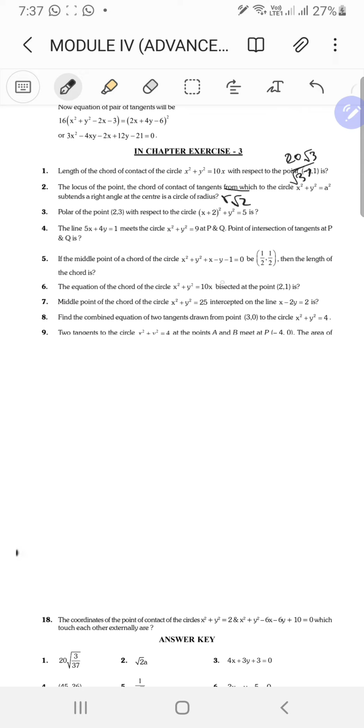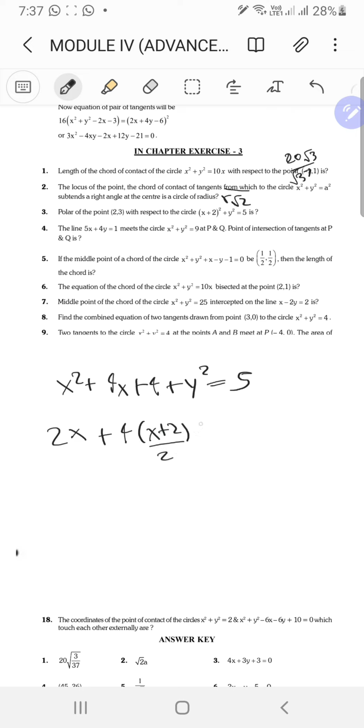Okay, so first of all let's just simplify this. So this is going to be x squared plus 4x plus 4 plus y squared equal to 5. So with x1, y1, we get 2x plus 4 into, I think it was (x plus 2) upon 2. This is minus 1, so minus 1 plus 3y equal to 0.